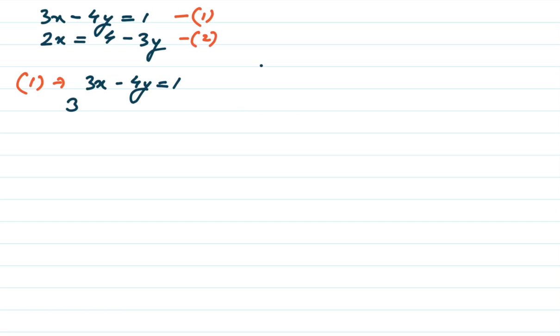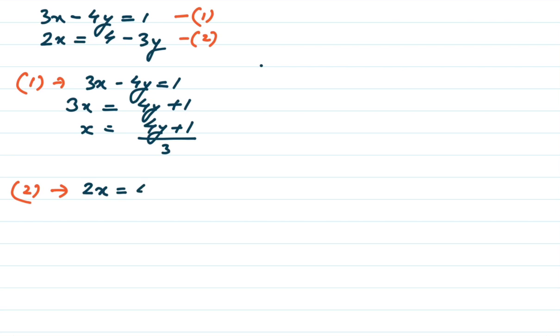So I can say 3x is equal to 4y plus 1, and therefore my x is going to be 4y plus 1 divided by 3. Let me pick the second equation, which is 2x equals 4 minus 3y, and I'm going to replace this value of x here.